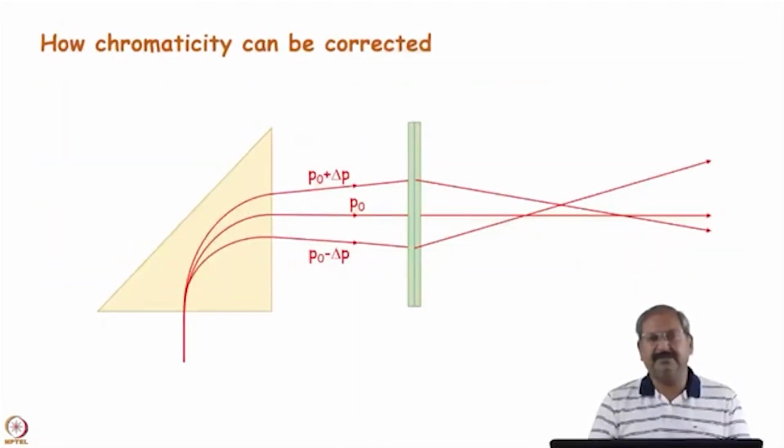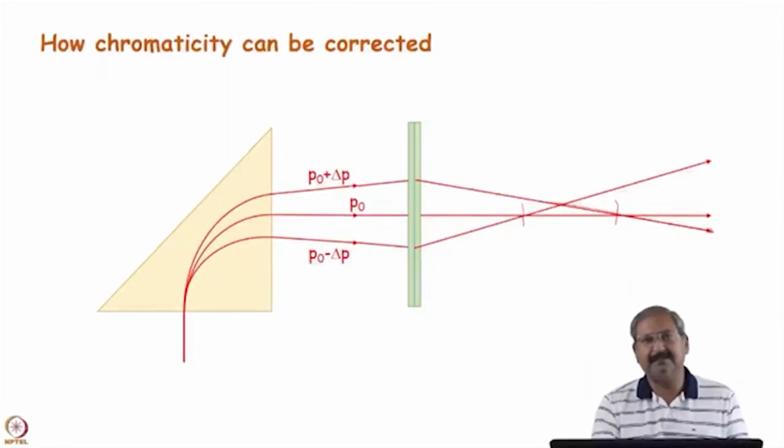Now how to correct the chromaticity? Here we have seen that the quadrupole has a larger focal length for the higher momentum particle up to this, and a shorter focal length for the lower momentum particle. If we want to correct the chromaticity, we have to make sure that the focal length for these particles is the same.